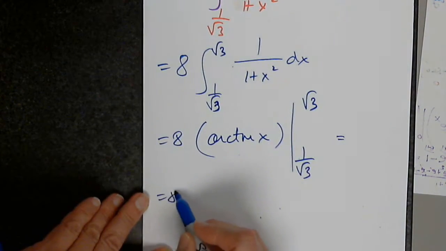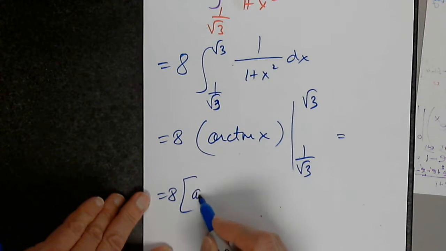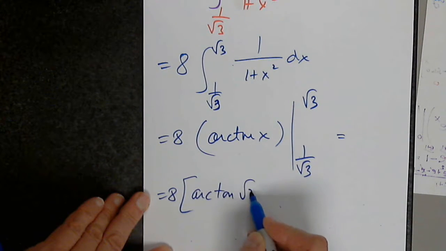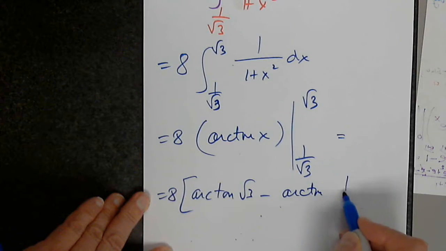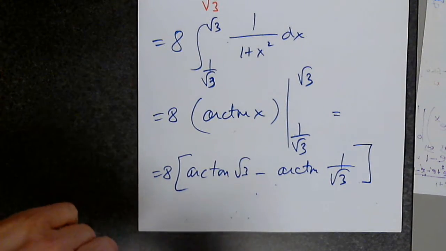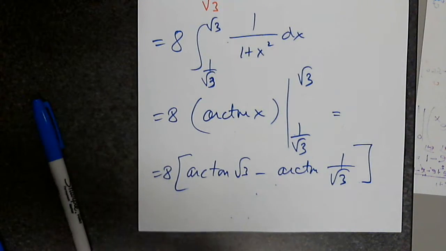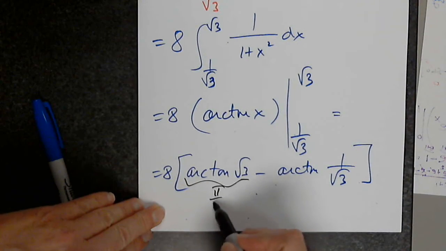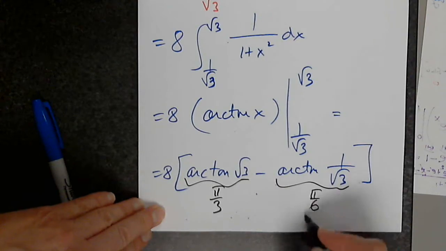So now this is 8 times arctangent of the square root of 3 minus arctangent of 1 over the square root of 3. And last time we calculated, yes, this is indeed pi over 3, and this is indeed pi over 6.